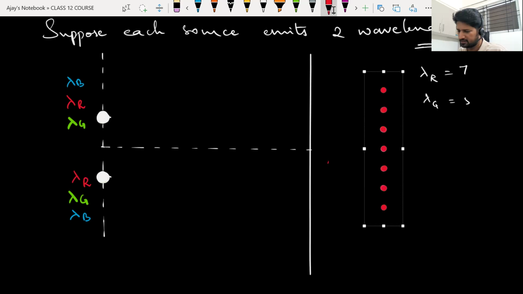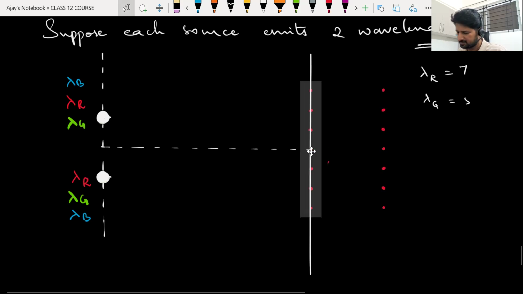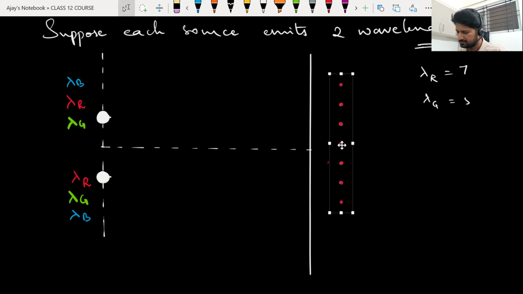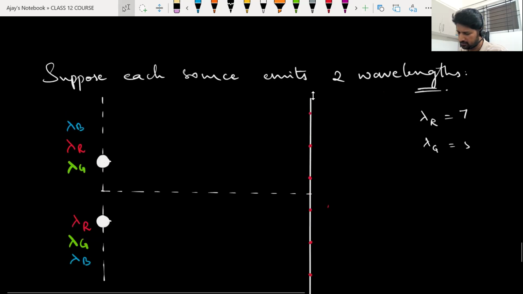You will see one pattern of red dots. Okay. Red has the highest wavelength, so the fringe width for red also will be the highest. So the pattern of red dots will be quite wide like this.